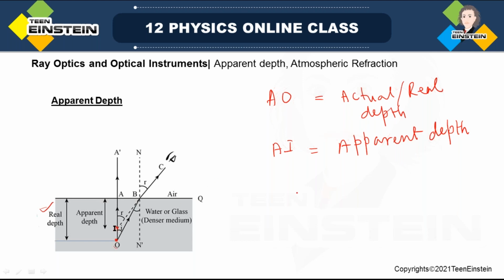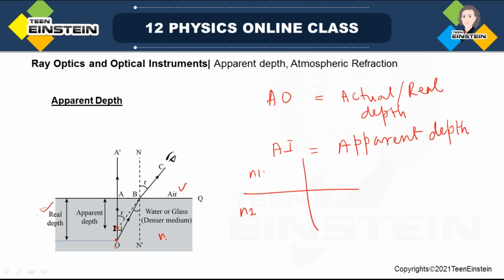See, here we have already discussed this thing: suppose this is N2 medium and this is N1 medium, and refraction happens at the interface. In this case N1 is air, and N2 is the water here.